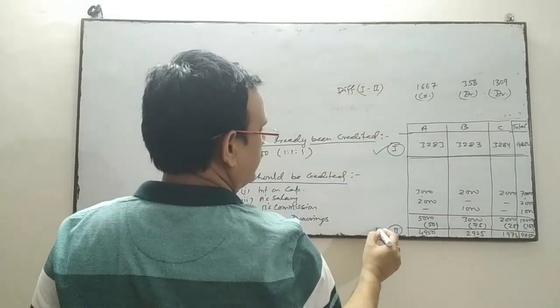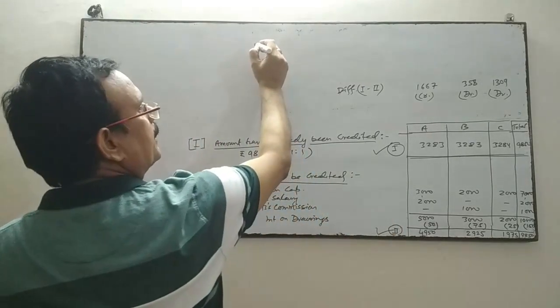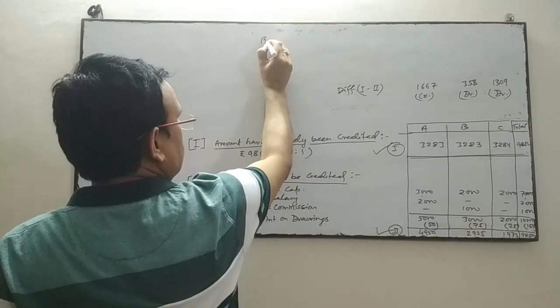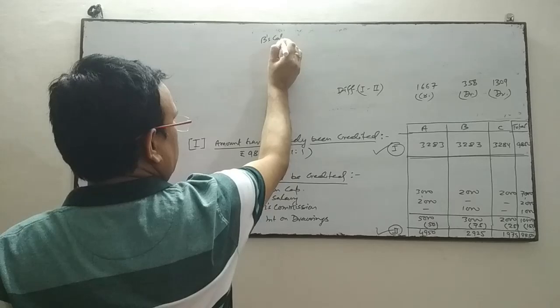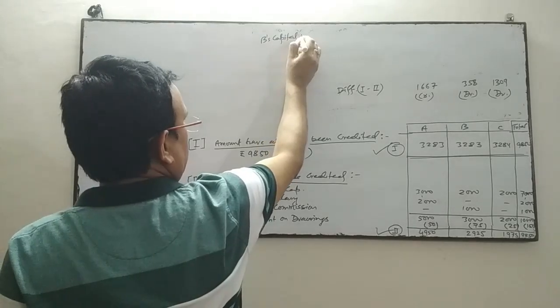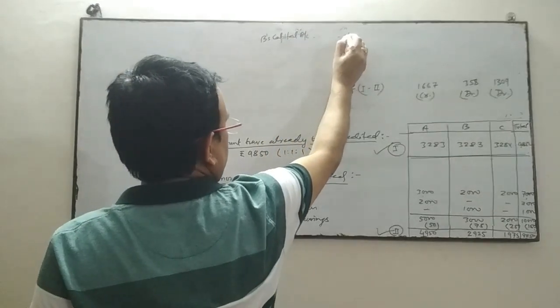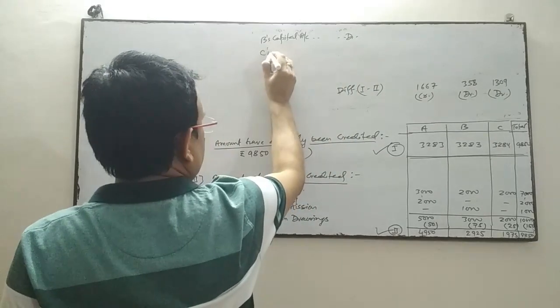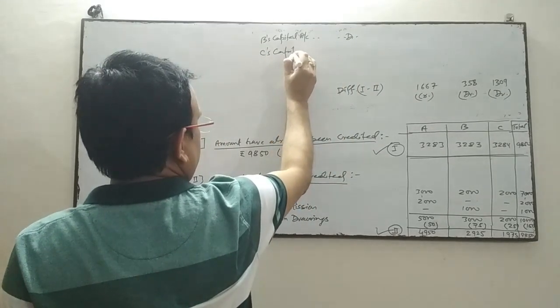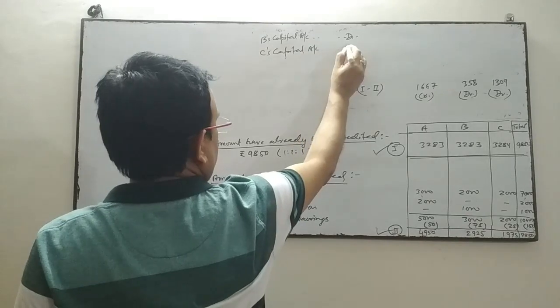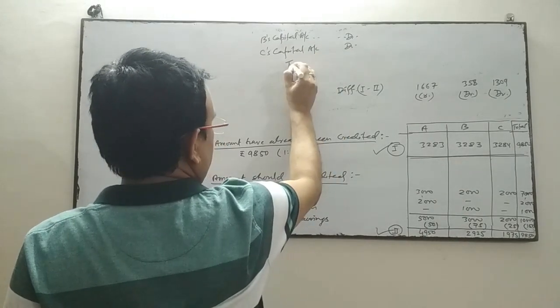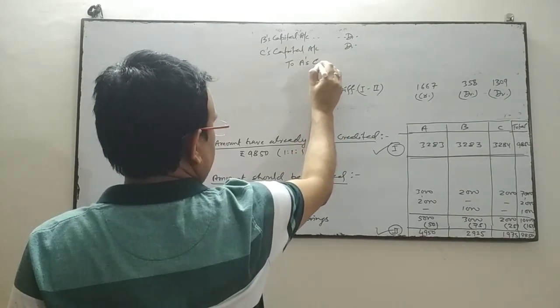B's capital account debit, C's capital account debit to A's capital account.